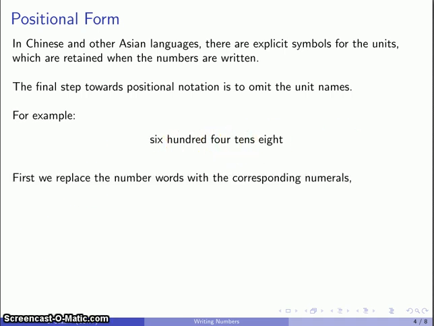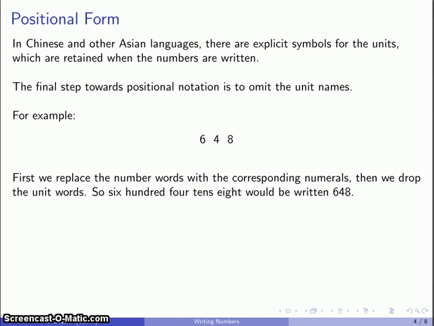I replace the number words with the corresponding numerals, 6, 4, and 8, and then drop those unit names, 100 and 10. There goes the hundreds, there goes the tens, and there's my final expression of the number.